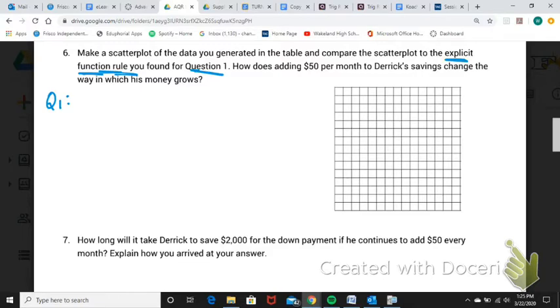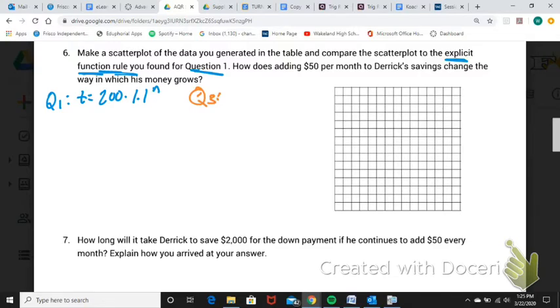So that function in question 1 that we had was t equals 200 times 1.1 to the n. And then we're going to compare that to what we have in question 3, or that table that we had. So we didn't come up with an explicit rule.